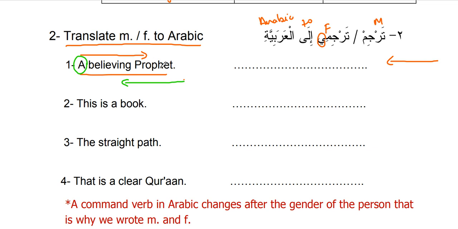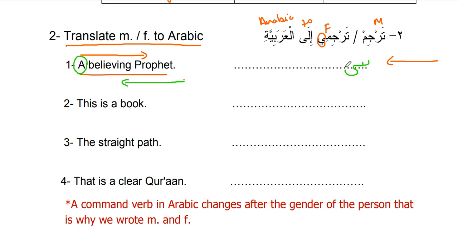So we will take this noun, prophet, as a nakira noun. What do you call prophet in Arabic? Nabi. So should I be using an-nabi? Should I be using lam at-tarif? No, I shouldn't. Why? Because there is an "a". It's a nakira word.